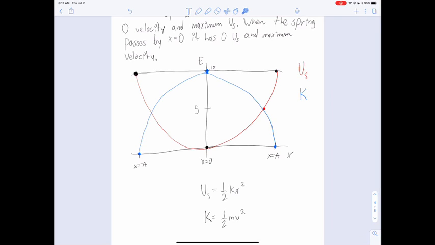When x is equal to 0, elastic potential is 0, kinetic is 10. So 10 plus 0 is 10. As you can see, throughout the whole graph this should be true. When you add up the values at the same x coordinate, you should expect them to add up to the total mechanical energy.